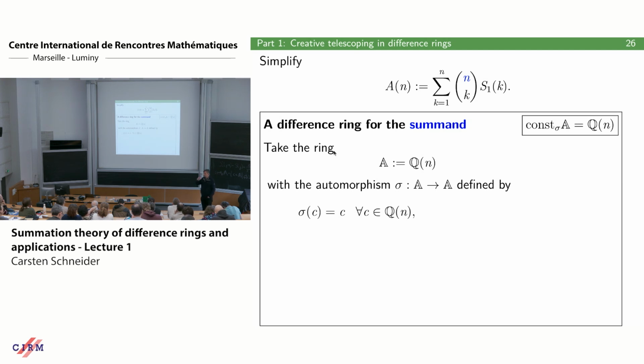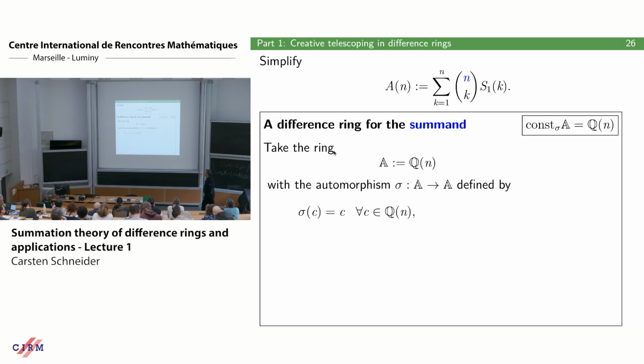So if I shift with respect to the summation variable k, it's a constant. Okay? So I join a new variable. I say, okay, n is a discrete parameter, but now it's a variable n, which is algebraically independent over Q. So it's a rational function field. And these elements are kept fixed, invariant. So not only the rational numbers, but also all elements which depend on n in this field are constants.